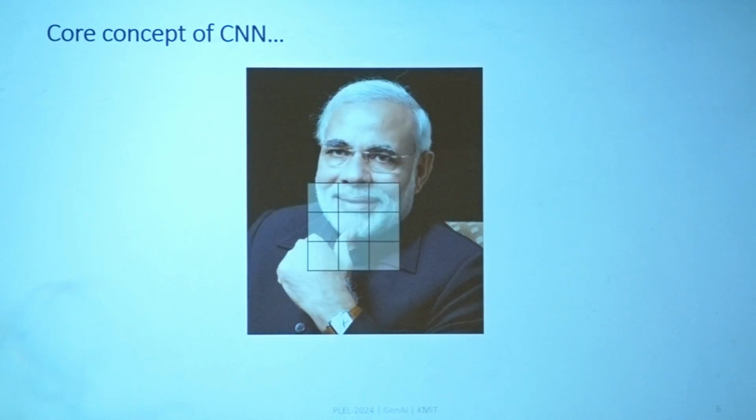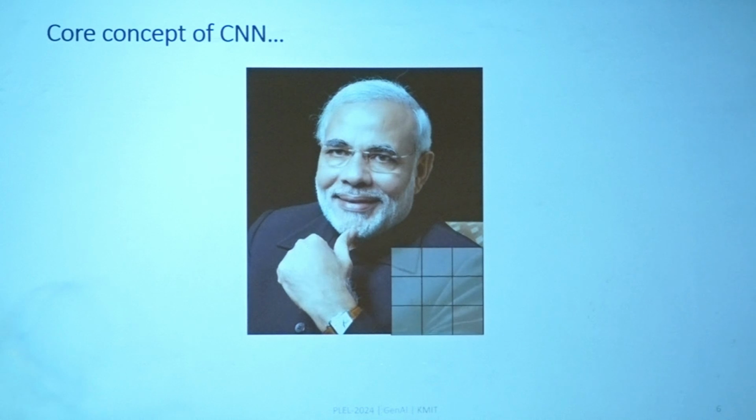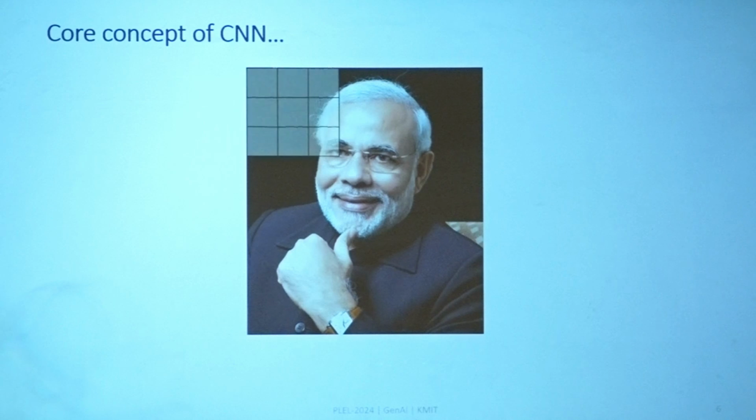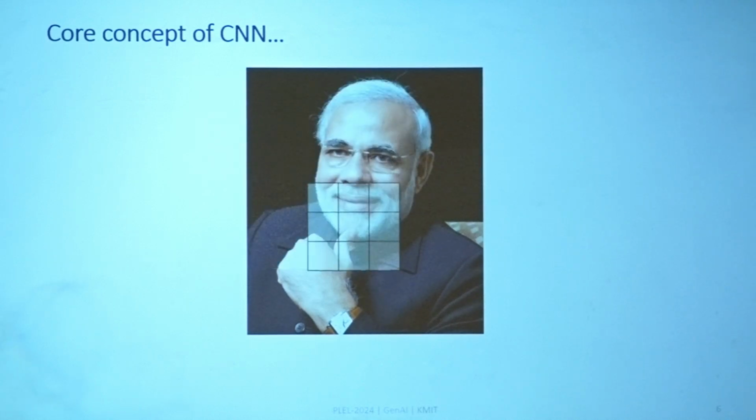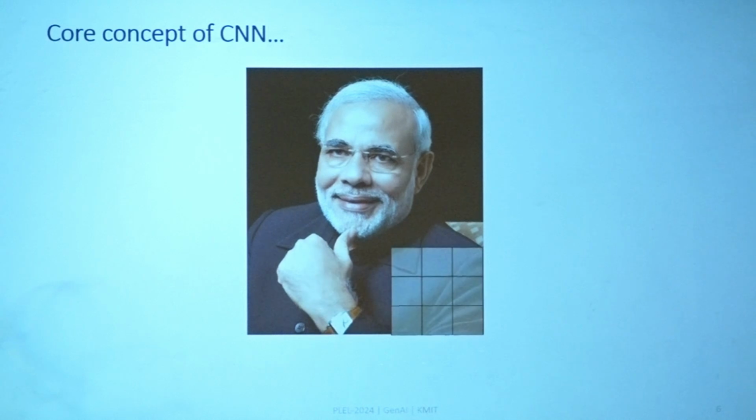What is this kernel? You can see that there is a small window which is sliding across the image. That kernel is a sliding window. Its responsibility is identifying and capturing the features and the patterns in the image.